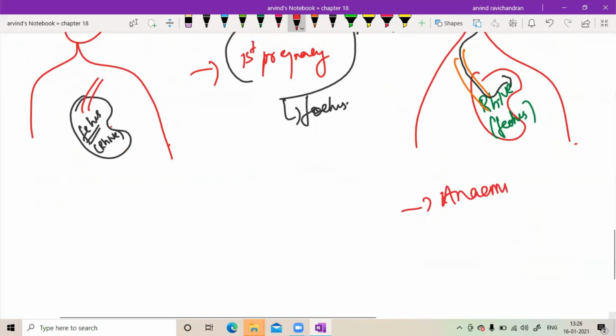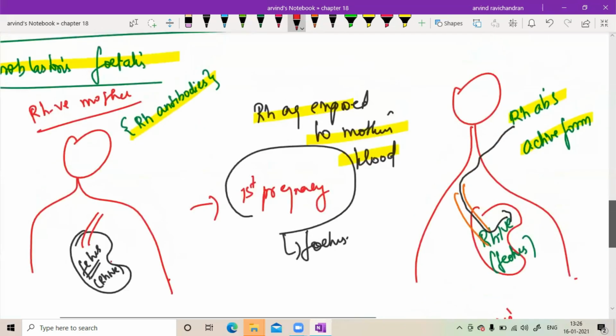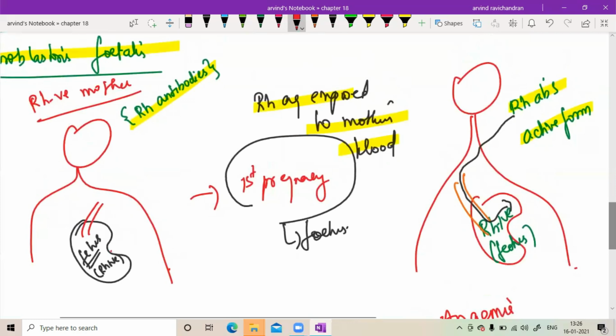Along with anemia, there will be jaundice. So, due to Rh incompatibility, if a fetus is suffering from anemia or jaundice, in that condition I call it erythroblastosis fetalis.